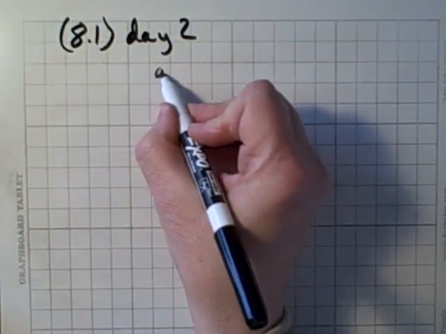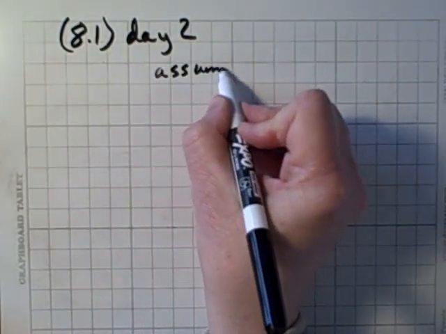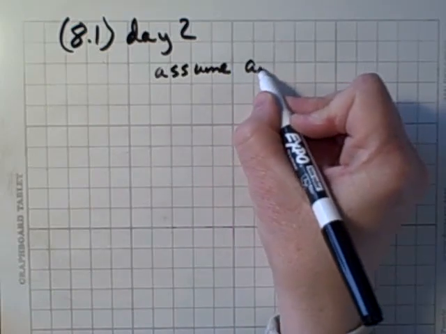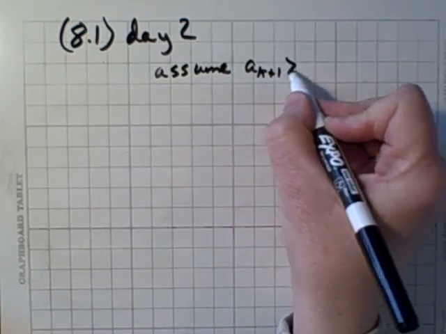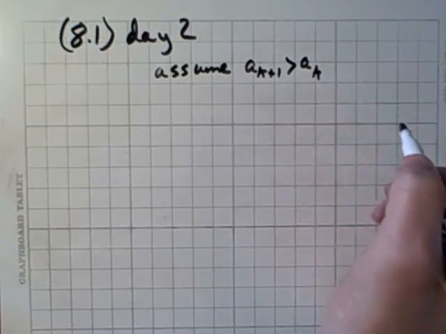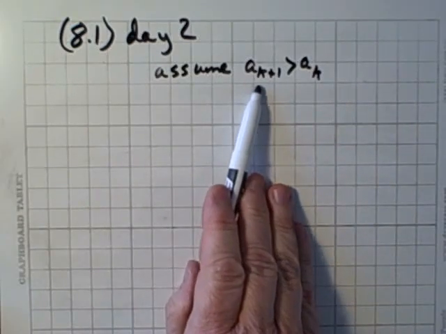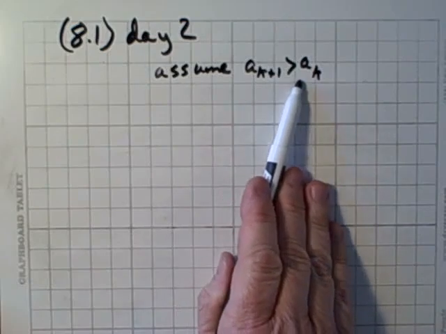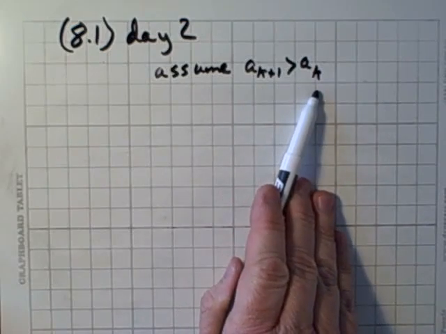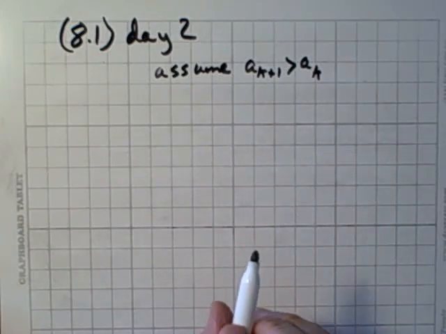Again, we are assuming that a sub k plus 1 is bigger than a sub k. And what we hope to arrive at is that a sub k plus 2 has to then be bigger than a sub k plus 1.